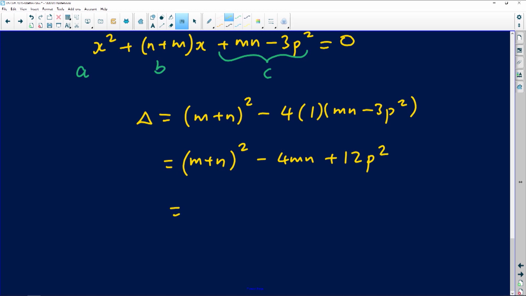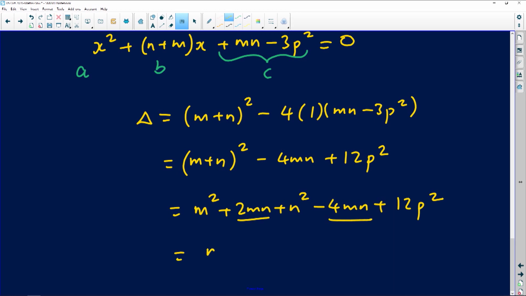Now, what you're looking at here, m plus n all squared, can be factorized. What would it be if you break the brackets, not by factorization, I mean by just doing two brackets and multiplying them out? You'll get m squared plus m times n, which you're going to need to double, which is 2mn, and then you're going to get n squared, minus 4mn plus 12p squared. These are like terms.